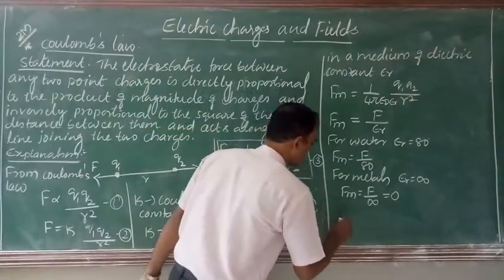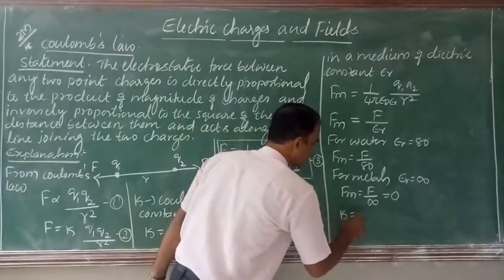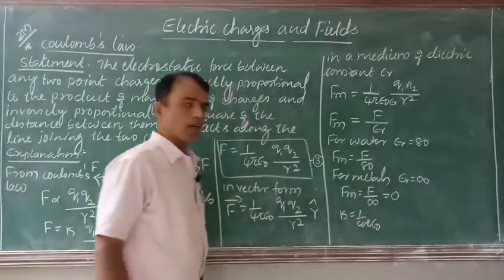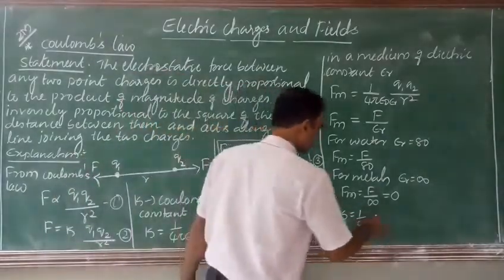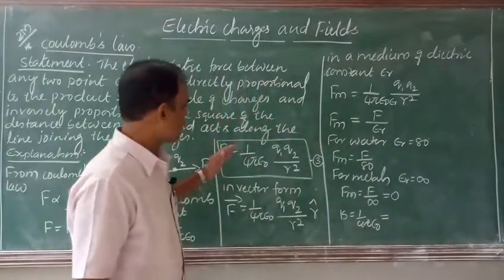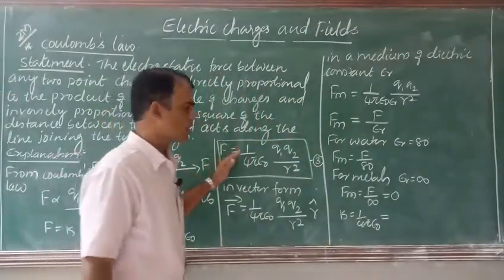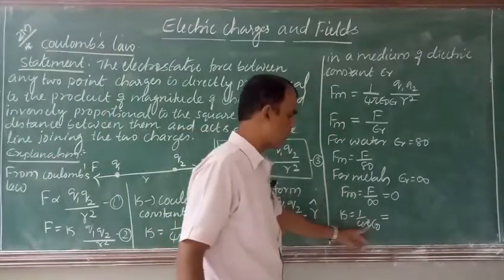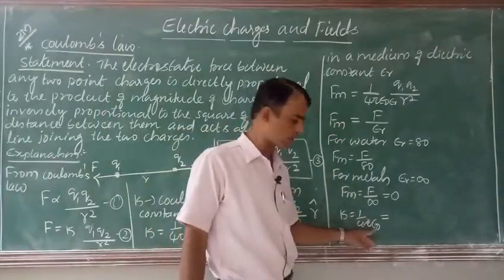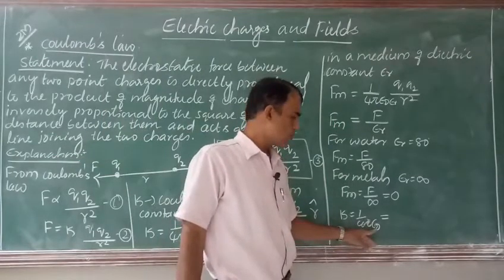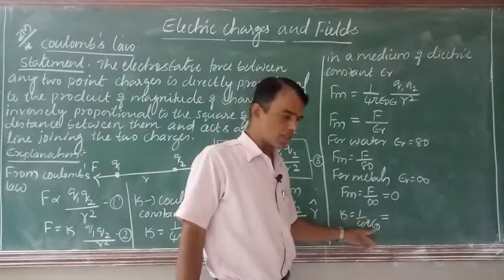We write that constant as k is equal to 1 by 4 pi epsilon naught, and it can be used for all calculation purposes by substituting the values of 4, pi, and inside that we have a constant called absolute permittivity of vacuum or free space.